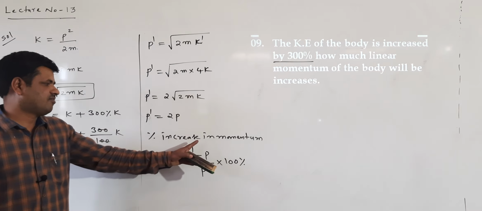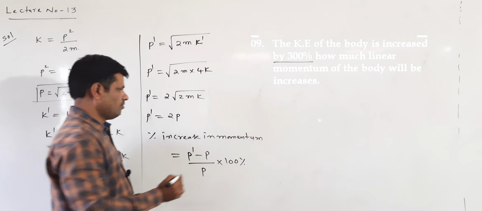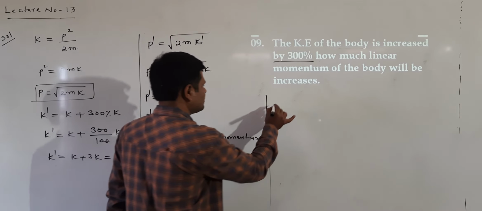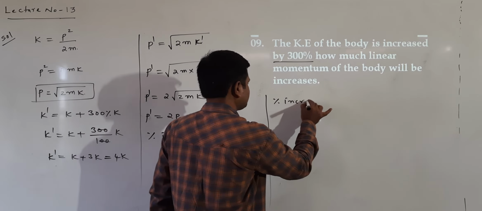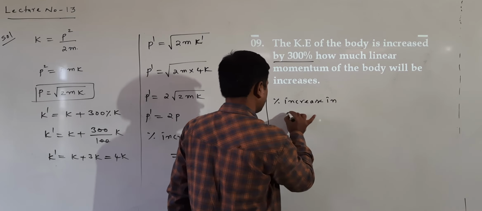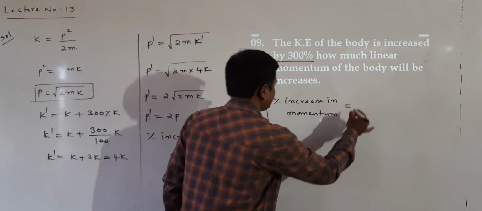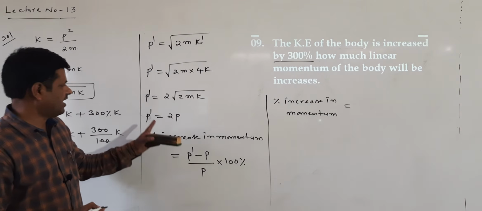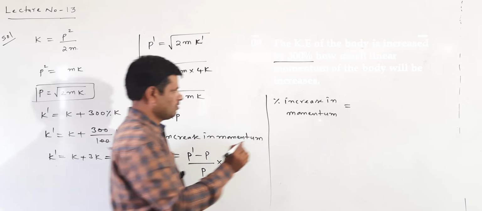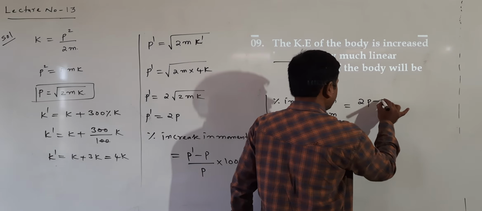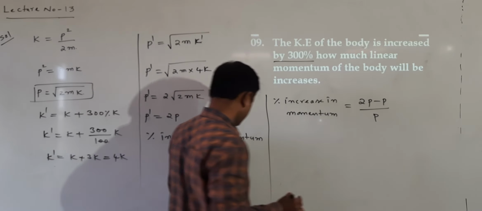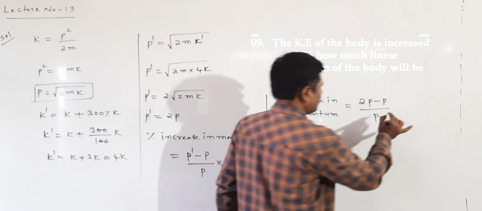Now P dash value is 2P, and P value as usual, so it is 2P minus P by P into 100%.